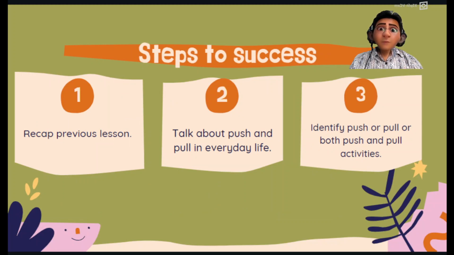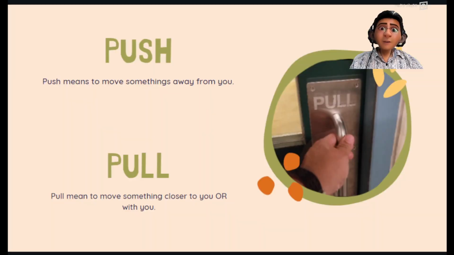So our steps to success: number 1, to recap the previous lesson about push and pull. And then I shall talk about push and pull in everyday life. And then you shall do exercises to identify push or pull, or both push and pull activities.